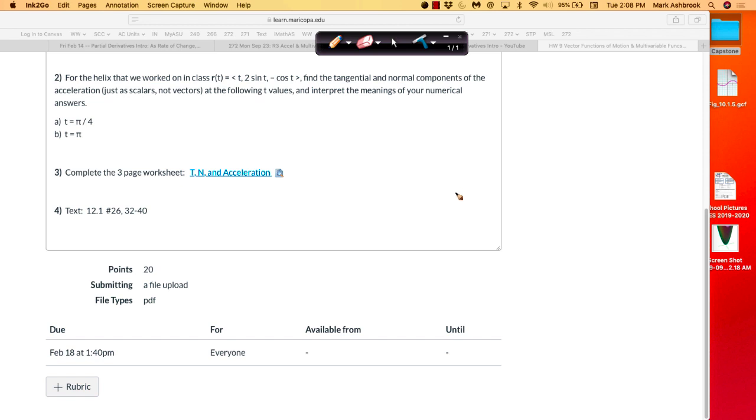Okay, so the book problems were about these multivariable functions. Here's an example of a multivariable function: the body mass index, BMI, is a function of weight and height. And that is W divided by h squared.